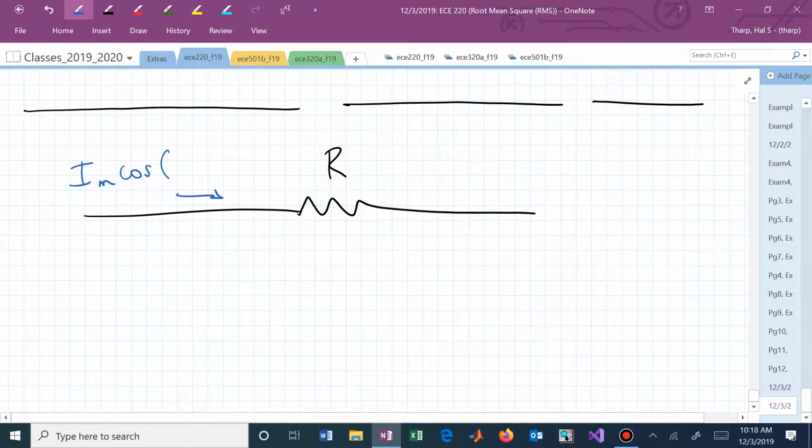Let's say it has a magnitude of I sub m cosine omega t plus theta sub I. And let's say the voltage, passive sign convention. We're not really doing anything new in 320 that you haven't already become a little bit accustomed to here.